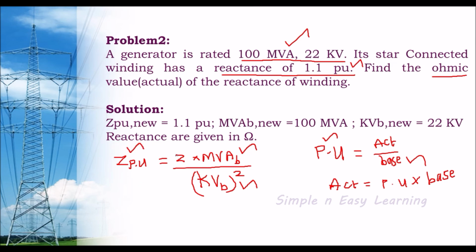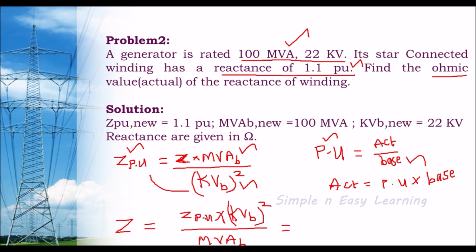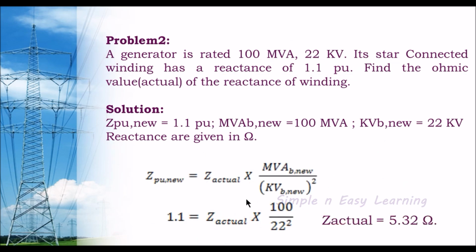So we can write the formula like this: Z equals, with kV base squared moved to the other side, Z per unit into kV base squared divided by MVA base. So it is a very simple, 2-mark problem. Z per unit is given in the problem as 1.1. So 1.1 into kV base, that is 22 squared, divided by MVA base, that is 100. We can substitute and you will get 5.324 ohm.